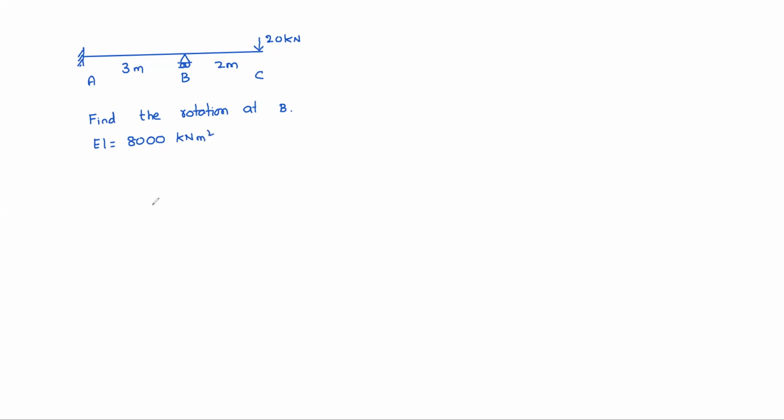That is, so here stiffness 1, 0, 0, 0 are the fixed end moments here. Here 20 into 2, minus 40 is the fixed end moment. Here 0. Now balancing 40 here, 0 here.